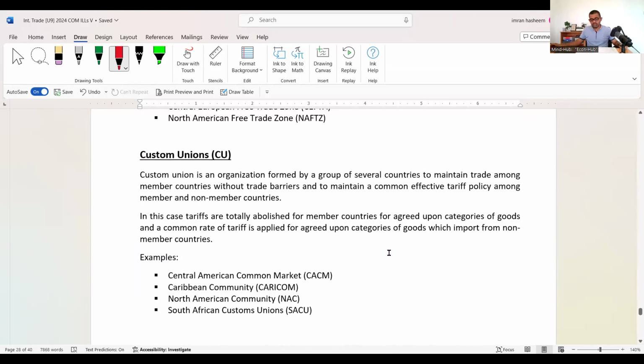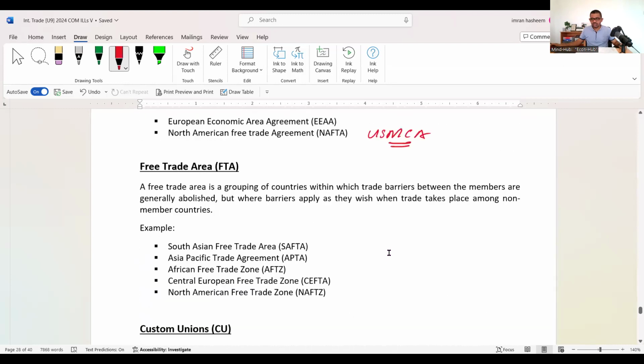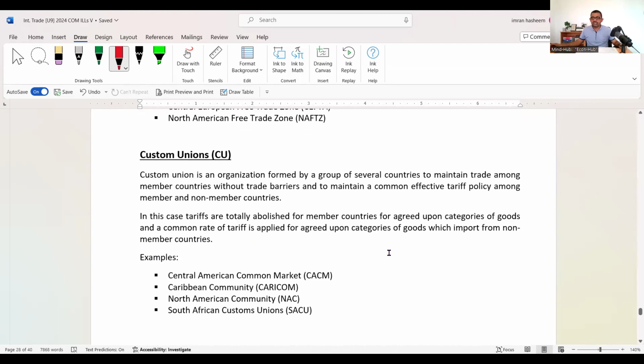Then customs union. From this point, I said we use the term trading blocs a bit more. Customs means the tariff, taxes. In a customs union, countries get together. Now Sri Lanka, India, and Bangladesh come into a trading bloc, a customs union. Among Sri Lanka, India, and Bangladesh, for many goods there is no tariff, no taxes, nothing, free trade.